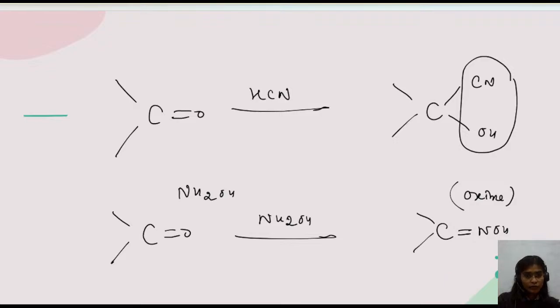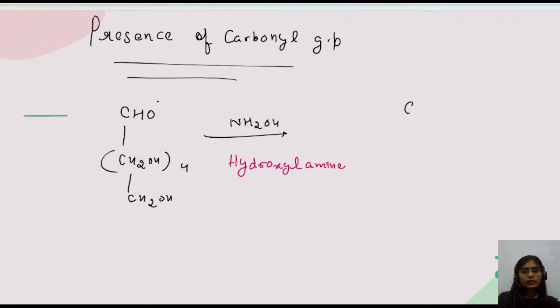From here the water molecule simply releases and the N combines with the double bond, so it's an oxime. This is how the reaction goes, HCN on one side, NH2OH on the other. It means that this CO becomes NOH. The rest remains the same: CH2OH, four times, and then CH2OH.